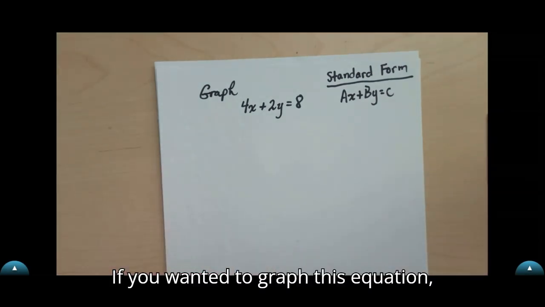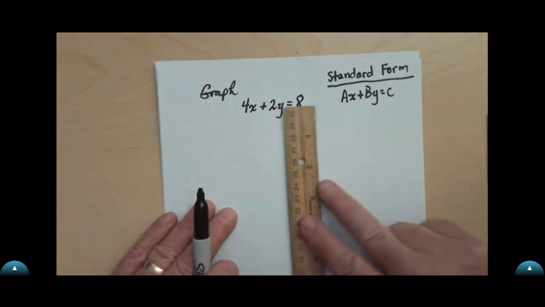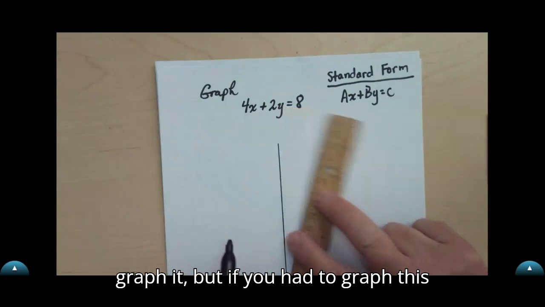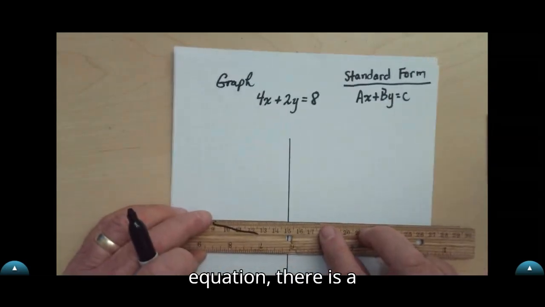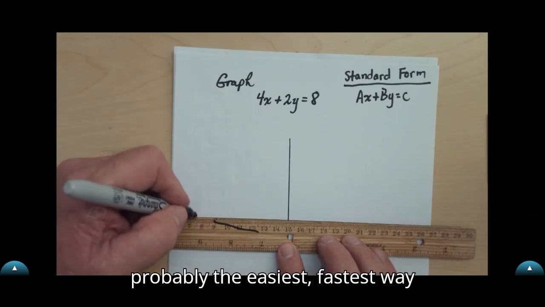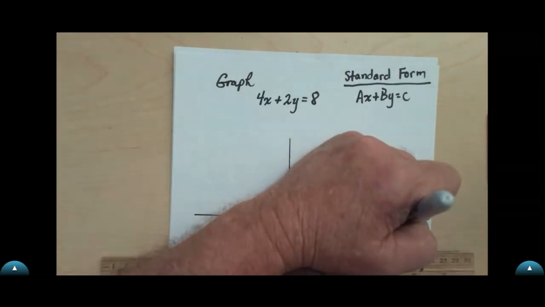If you wanted to graph this equation, I mean, probably none of you want to graph it, but if you had to graph this equation, there is a different way to graph it that's probably the easiest, fastest way to do it.